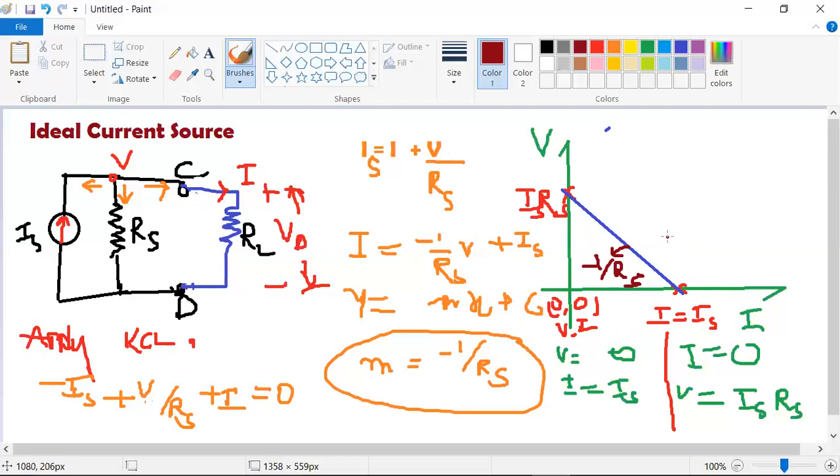So now, how will you make it an ideal source? Let me write, for ideal current source.